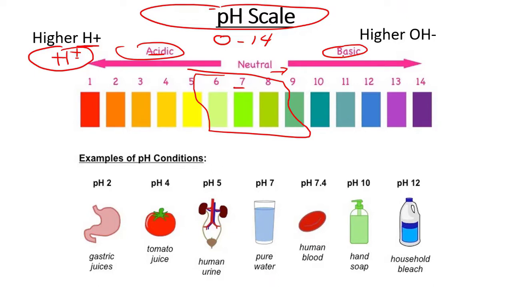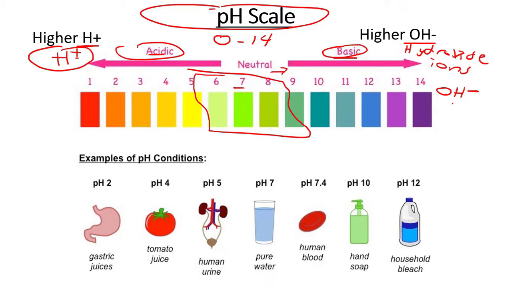Now, if you want to make a solution more basic, with a higher pH, you have to add what are called hydroxide ions. Hydroxide ions are OH-, okay? Oxygen and hydrogen with a negative charge. They're anions, okay? So anytime you see a hydroxide ion, you know that would make a solution more basic, or a higher pH.